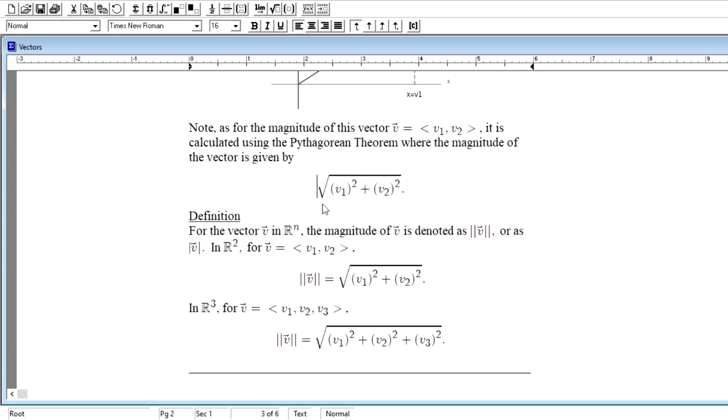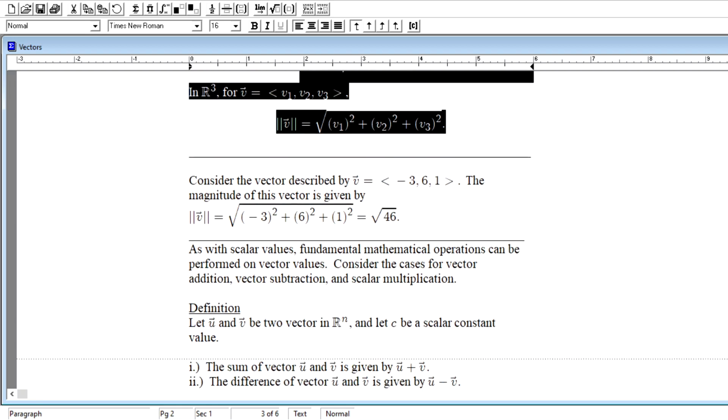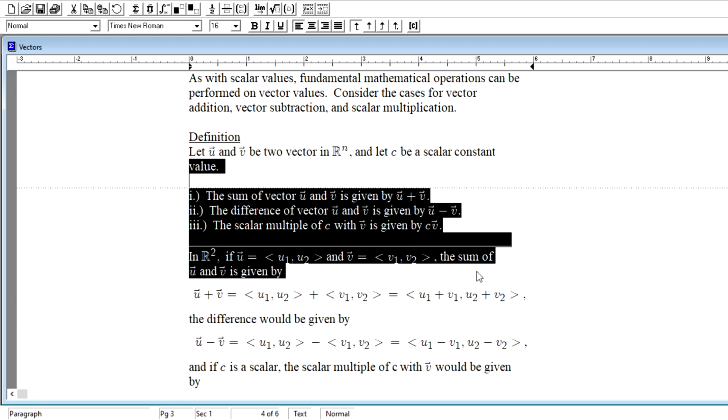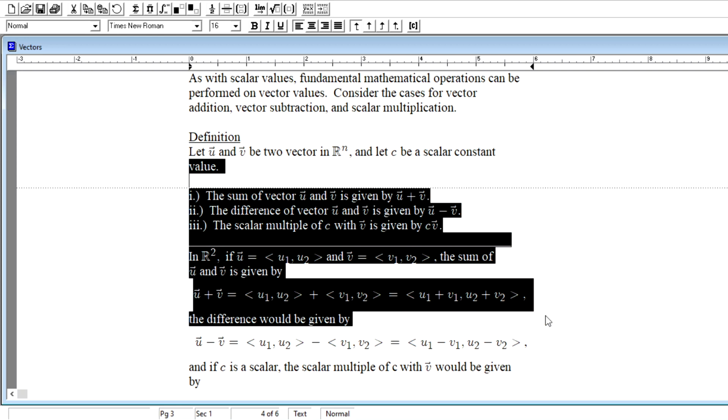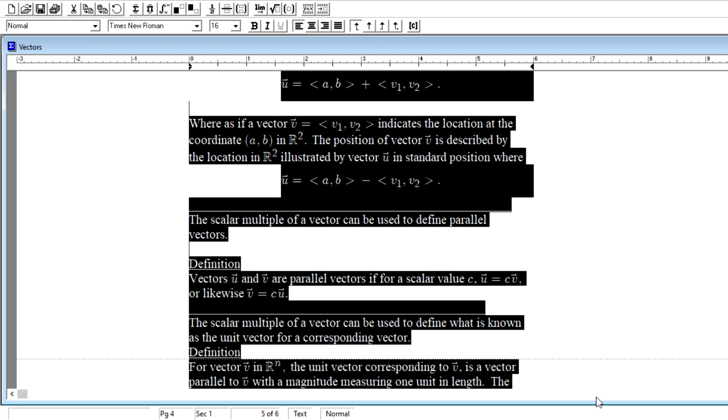We want to know how to calculate their lengths. That's the magnitude calculation. And we want to know how to perform some fundamental operations with these vectors, and to begin to see how these operations can be used in finding things like position and describing parallel behavior and unit vectors, right?